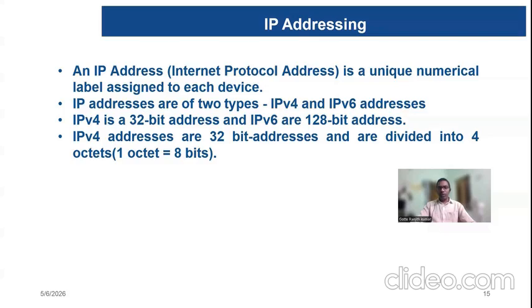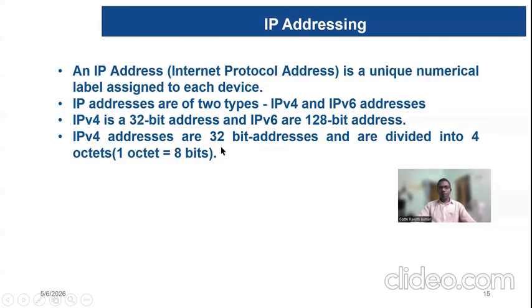Whenever this IP address is exhausted, then IPv6 will be used, because IPv4 size is 32 bits in length and IPv6 is 128 bits in length. 32 bits in length means 2 power 32 addresses can be generated. When these addresses are exhausted, we go for IPv6, which generates more addresses compared to IPv4.